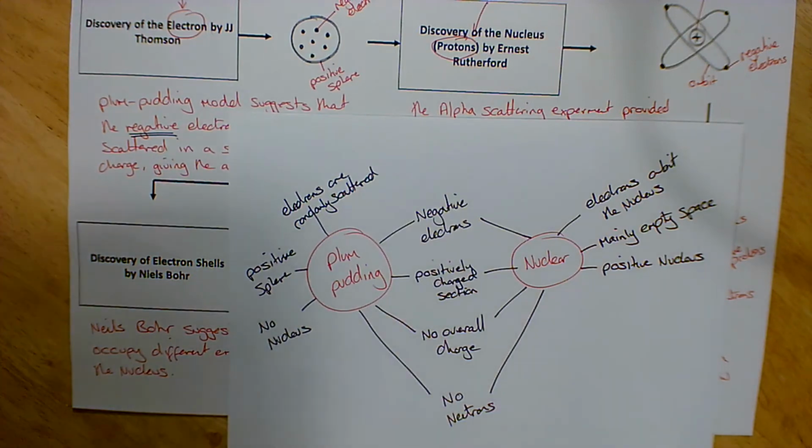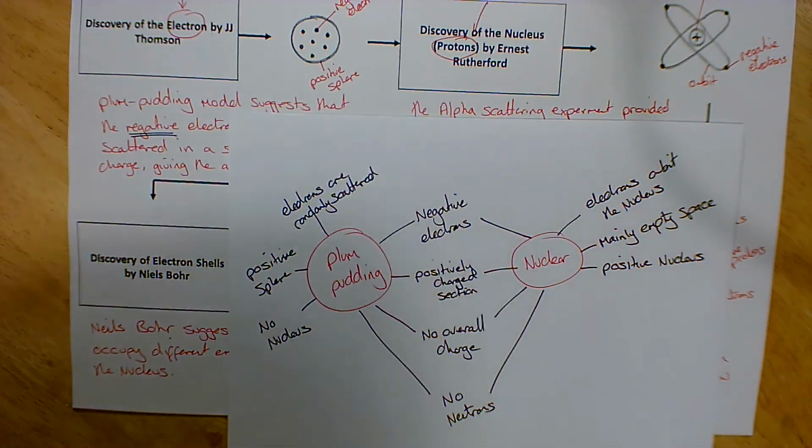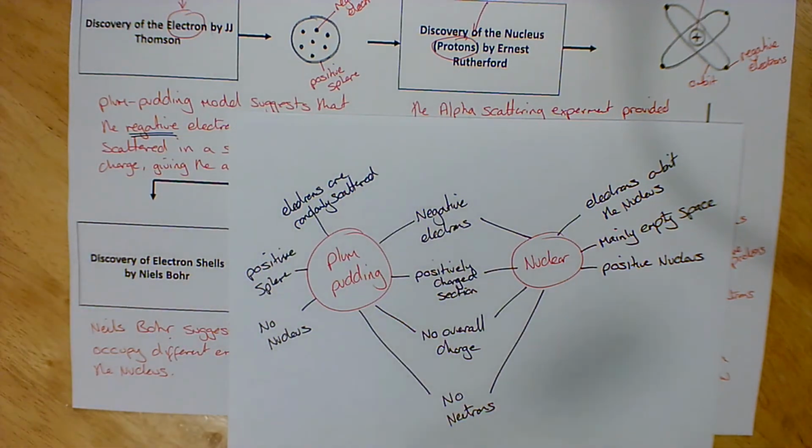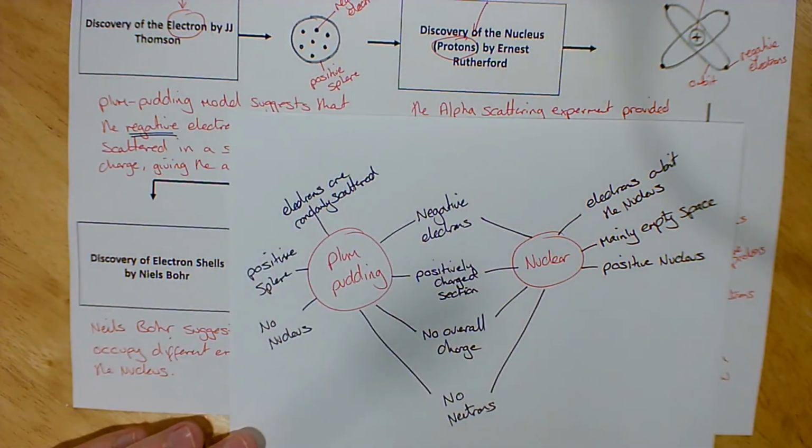The plum pudding model has randomly scattered electrons, whereas in the nuclear model the electrons orbit around the nucleus. The plum pudding model has no nucleus, but does have a positive sphere of charge, whereas the nuclear model has a positively charged nucleus, and the nuclear model is mainly empty space. So a double bubble map is a really excellent way of putting together that comparison between the two different atomic models that you need to know.